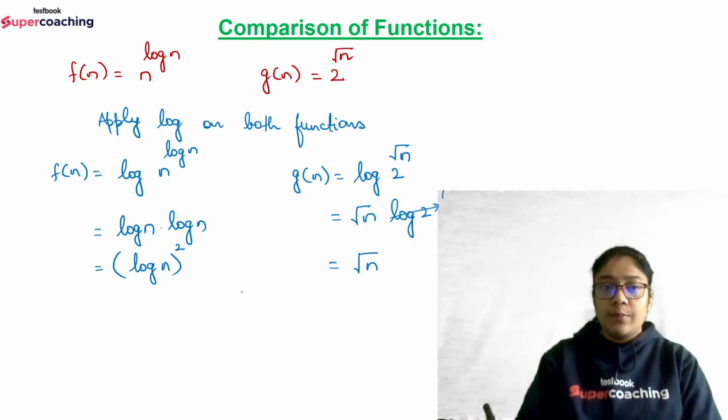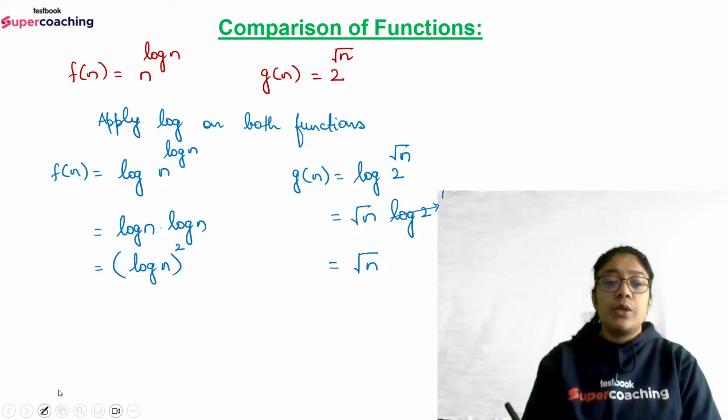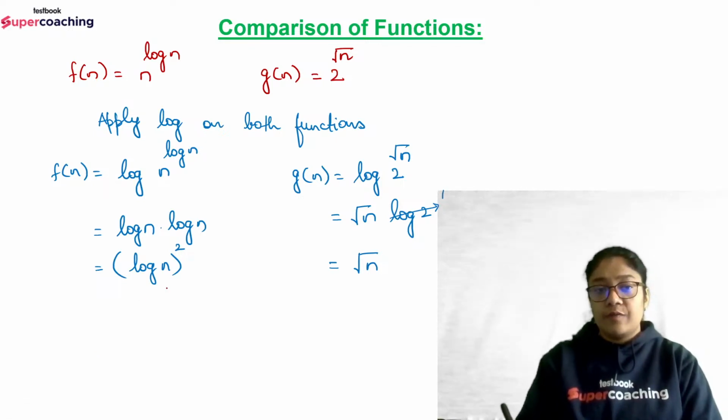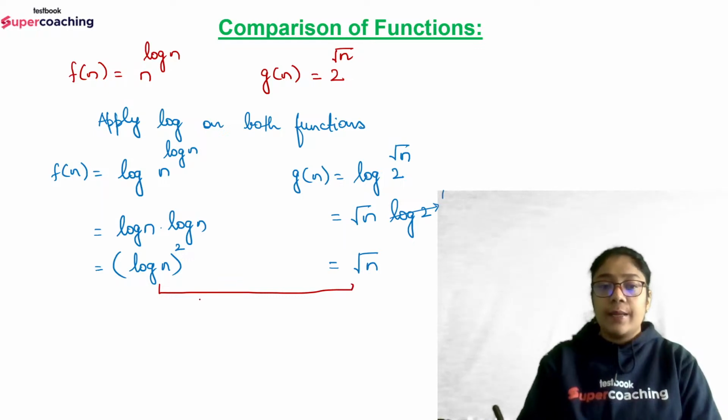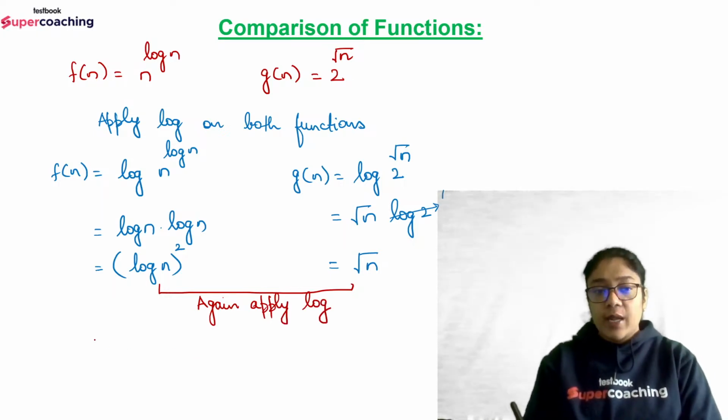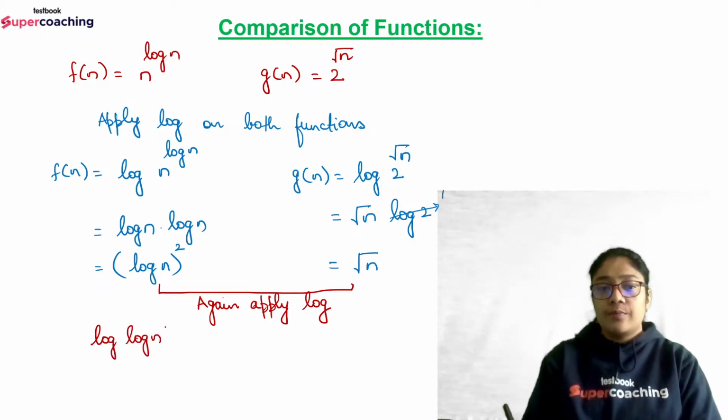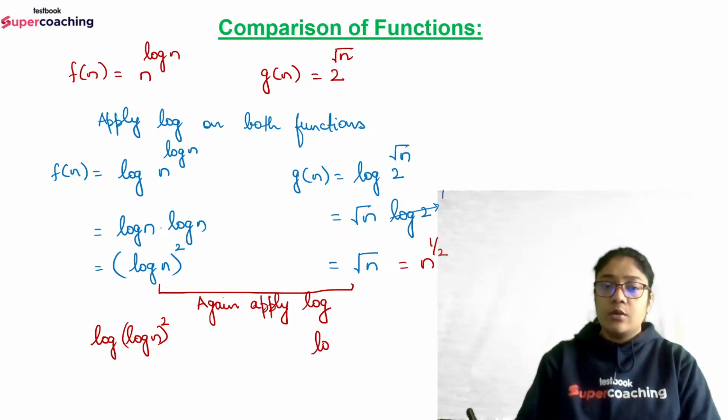Let's say we are unable to identify, so what we'll do is we'll again apply log on the given functions. Again apply log. When I am applying log again, here I'll be getting log n square, and here root n can be written as n raised to power 1 by 2, so we'll be getting log n raised to power 1 by 2.